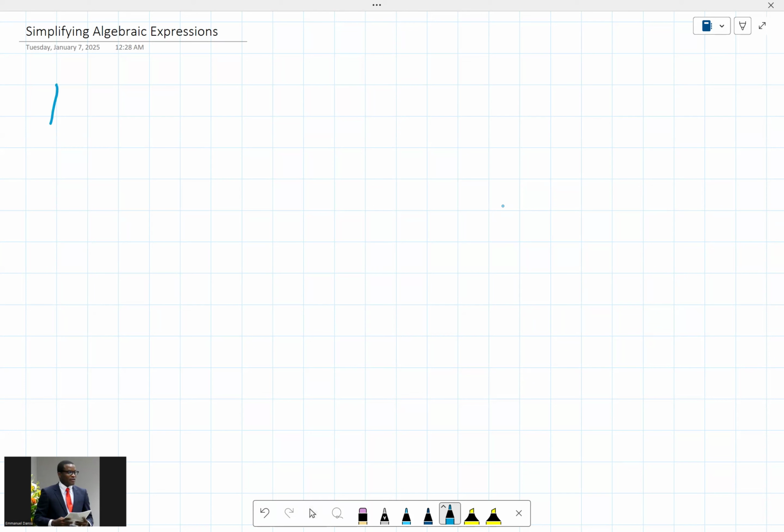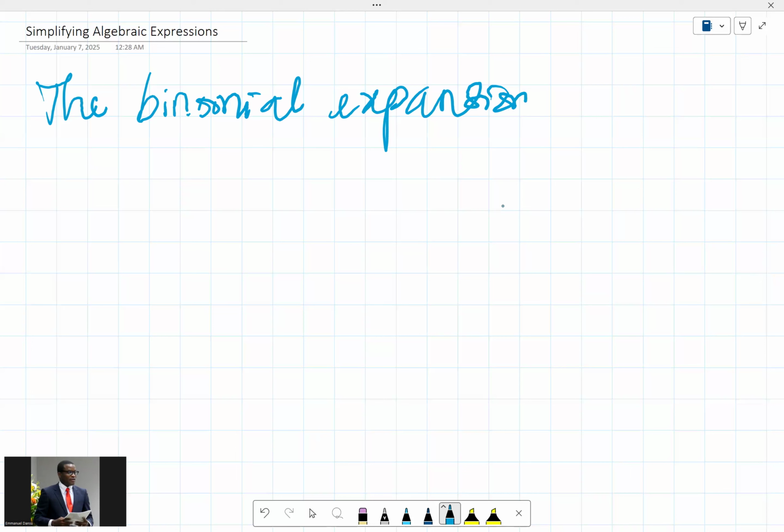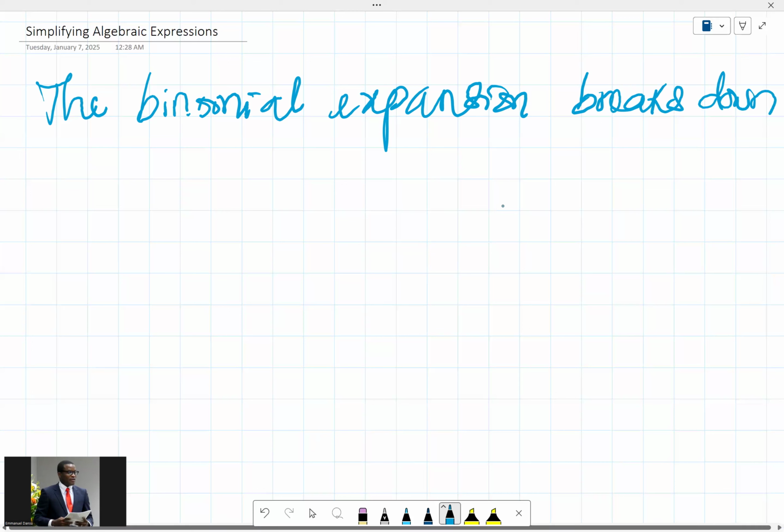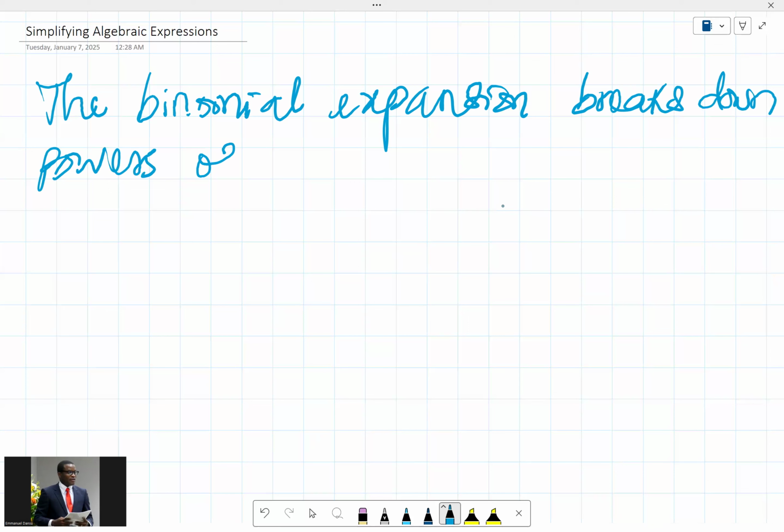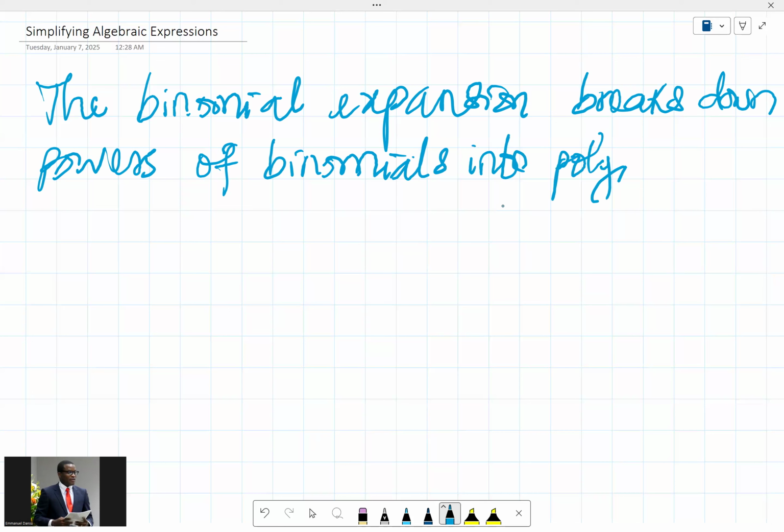Okay, so we need to remember again that the binomial expansion breaks down powers of binomials into polynomial forms, like we've been seeing already.